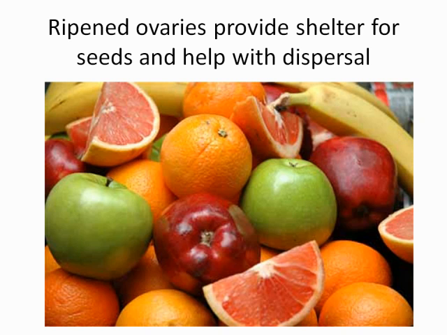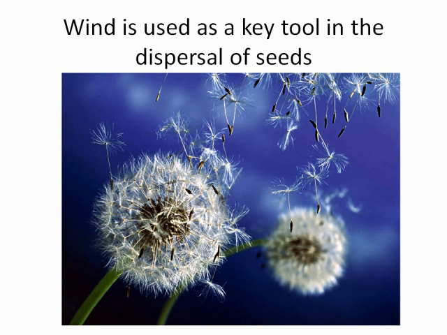an important step in the life cycle of an angiosperm. One way flowering plants scatter their seeds is through wind dispersal. Some plants depend on this form of dispersal as the only way to distribute their seeds. Most plants that depend on wind dispersal have very light seeds, making it easier for the wind to carry them further away.